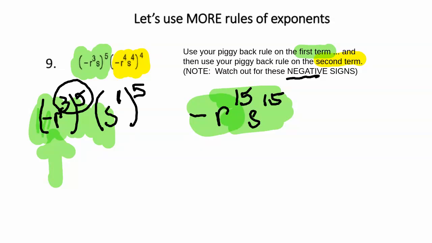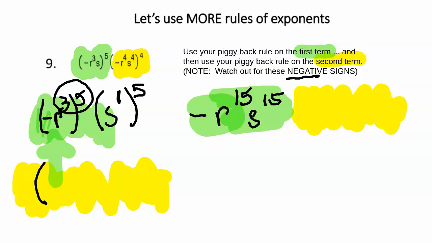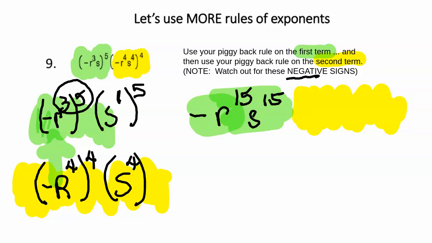Now, gotta be careful with the next one, which is the yellow one. Now, we're going to do the yellow down here. This is negative r to the 4th power to the power of 4. This is s to the power of 4, 4.